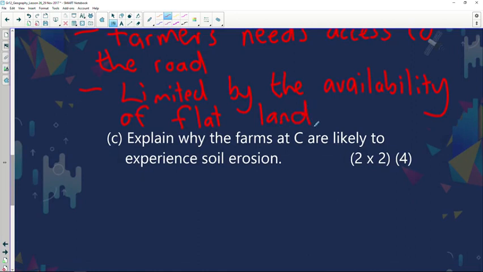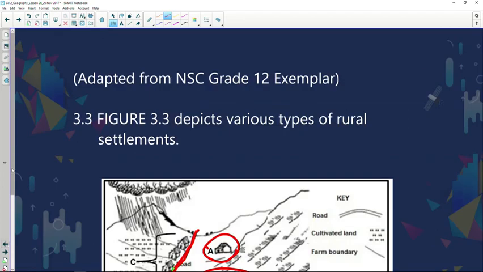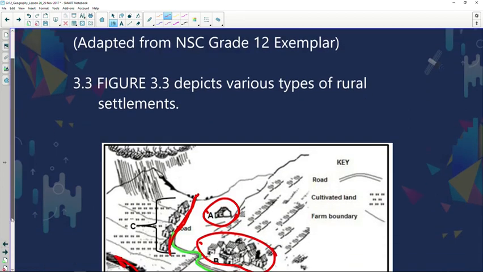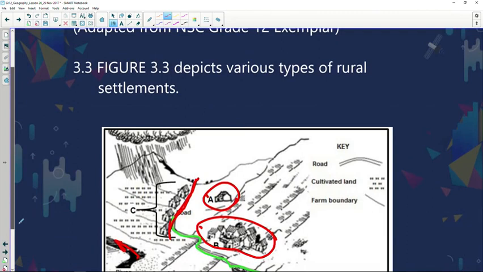Okay, if we quickly look at question number C, explain why the farms at C are likely to experience soil erosion. Now, if we look at the farms at C, why do you think they're going to experience soil erosion?